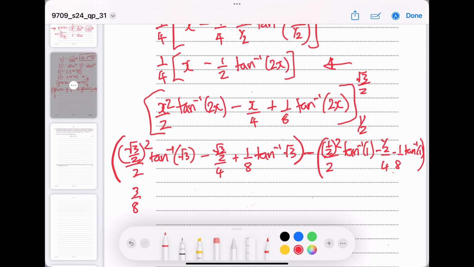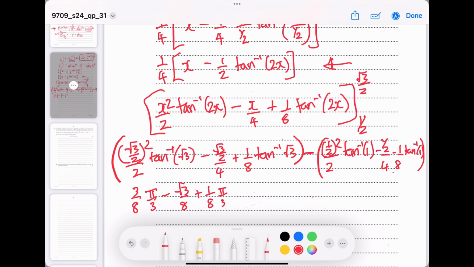Tan to minus 1 of root 3 is pi over 3, minus root 3 divided by 2 divided by 4 is root 3 over 8, plus 1/8.